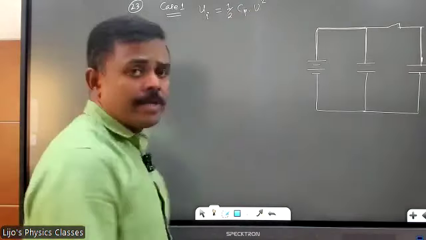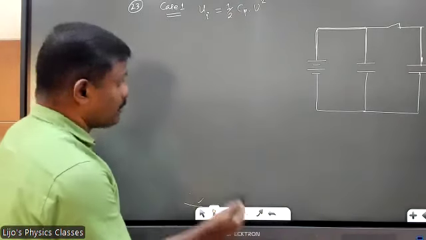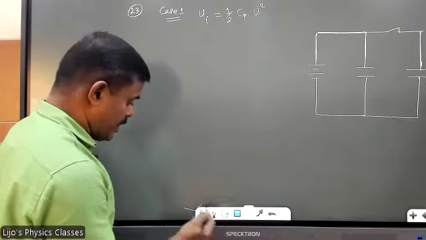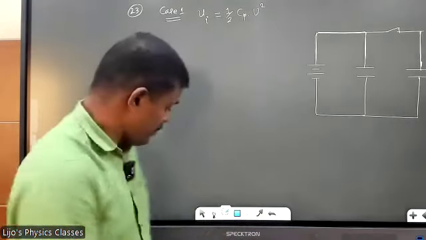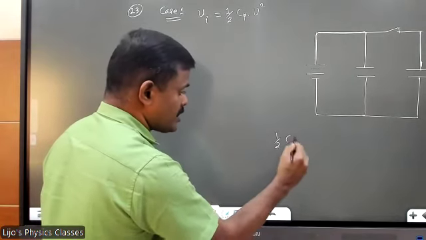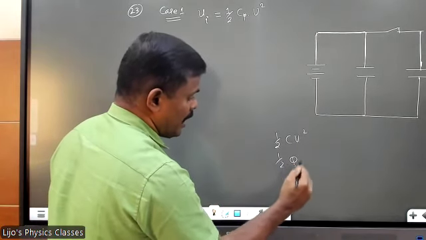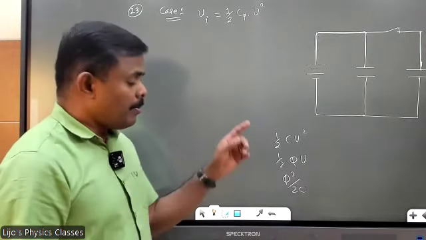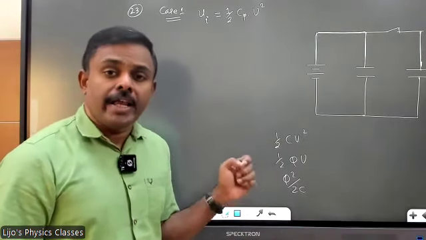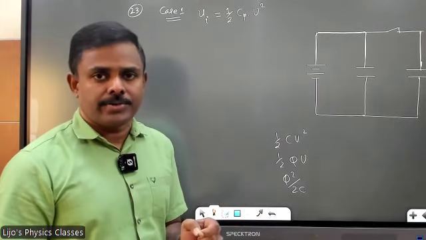Why do I put Cp? The energy stored is given by half CV square or Q square by 2C or half QV. I have 3 equations for energy. Half CV square, half QV, Q square by 2C. My equation should involve capacitance values.